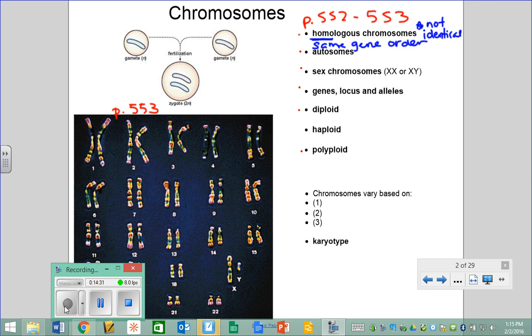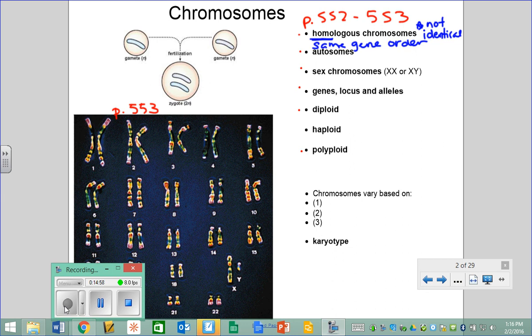And to give you a description of what I mean by that, think about yourselves. You all came from two parents. Each of your parents gave you some of their genetic information in the form of chromosomes. Now, unless your parents are identical twins, which would actually be impossible for them to be your parents then, there's no way that the DNA that you got from one parent and the DNA you got from another parent is identical.